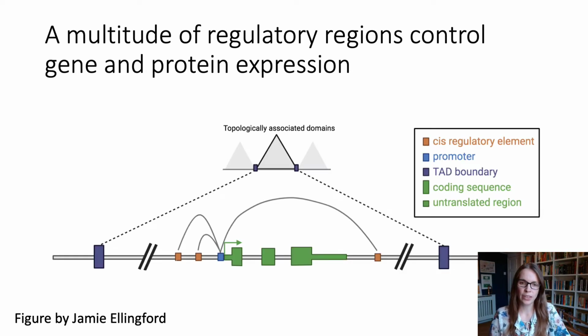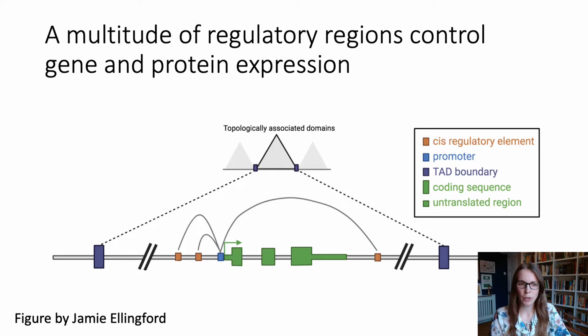Outside of these protein coding regions are a wealth of regulatory elements that control the expression of the genes and the resultant proteins. Here I'm showing you a schematic drawn by the wonderful Jamie Ellingford, showing a few of these elements. We have these tall green boxes representing the coding exons that are punctuated by intronic regions. They are flanked at the 5' and 3' ends by untranslated, or UTR, regions that form part of the mRNA but not the final protein.